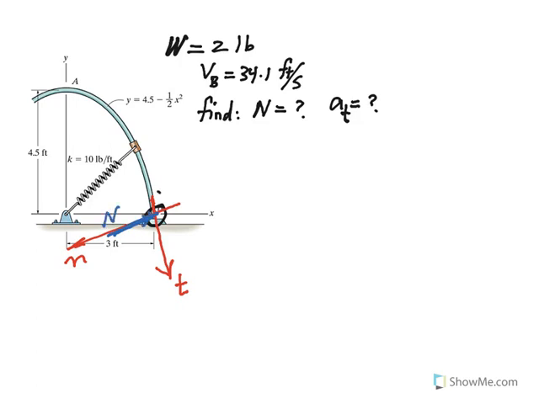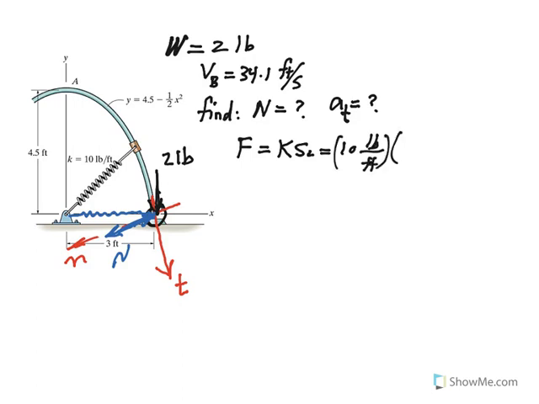Remember, the weight is 2 pounds. We already know that. And let me move this N down here. Keep in mind that we also have the force of the spring. The force of a spring is going to be K times S. Remember, K is 10 pounds per foot, and the undeformed length of the spring was 2 feet.